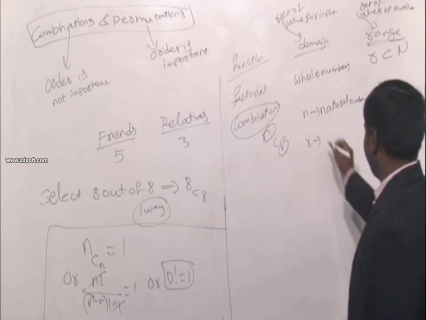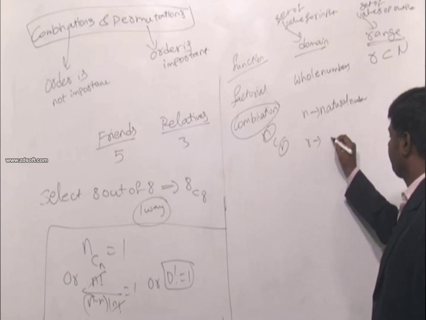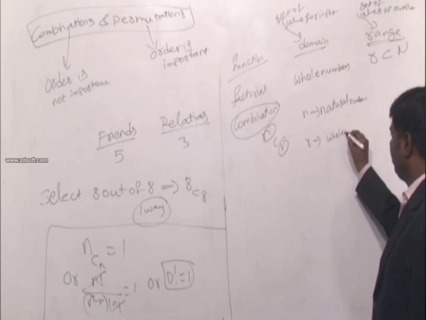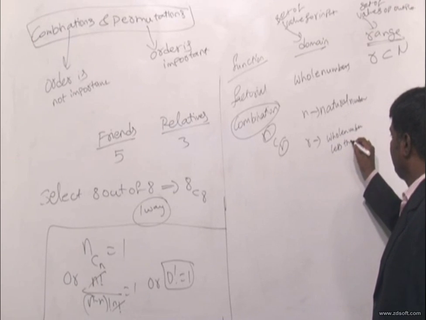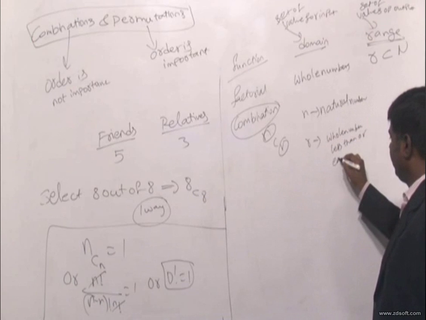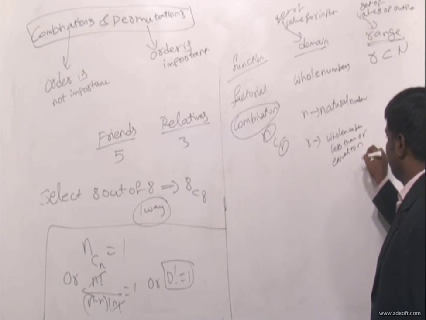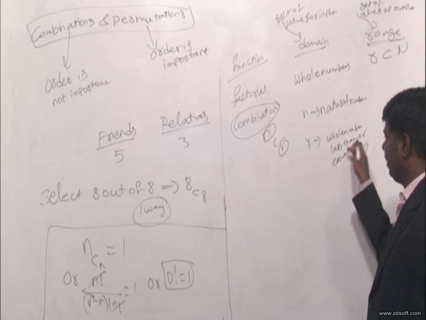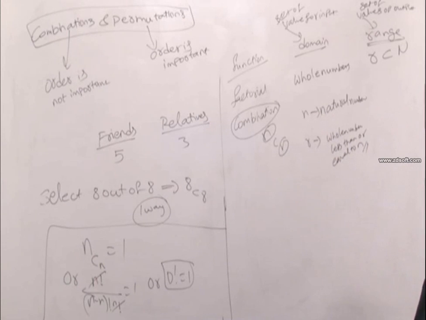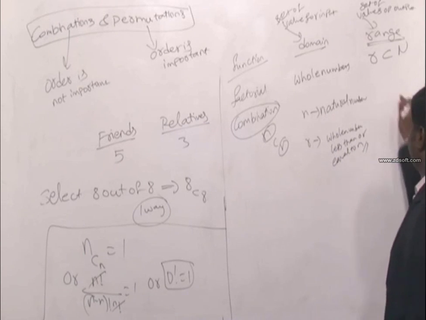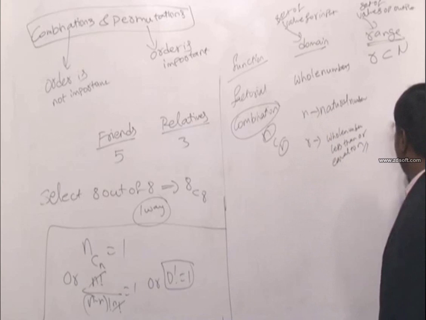For r, you can consider any whole number less than or equal to n. So the domain of this is defined by the domain of n. Coming to range, range can be any natural number.